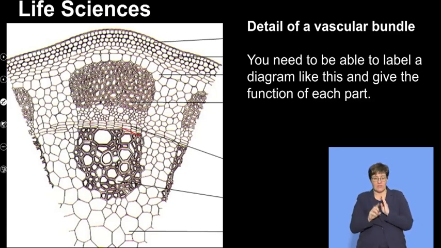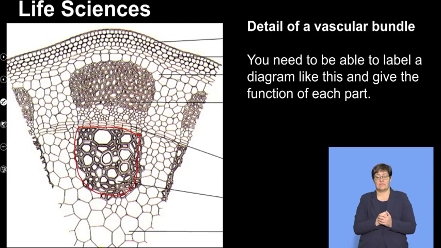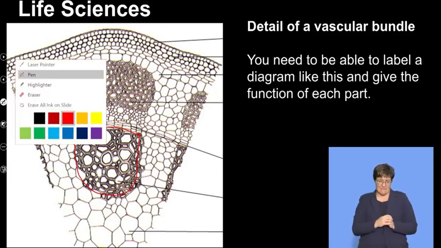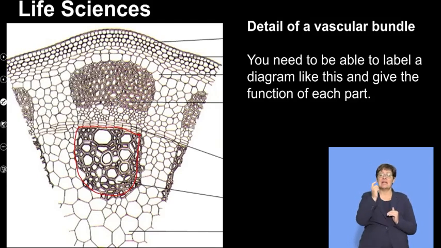Easiest one is always xylem. Very easy to pick up, large cells with extra thick walls. Next easiest one to pick up is going to be your phloem, and we can pick that up because there are some big cells, which are the sieve tube cells, surrounded by smaller cells, which are the companion cells.